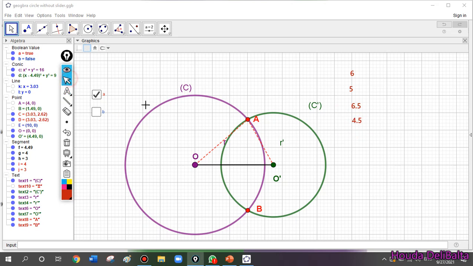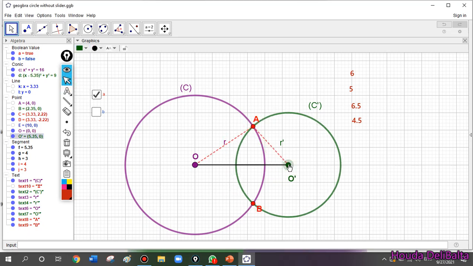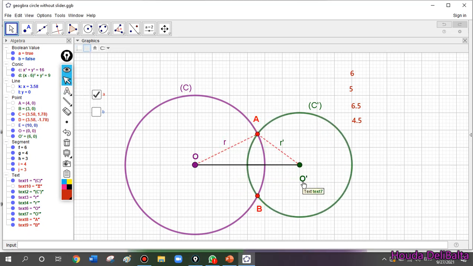Now we are not getting an exact distance, but we can notice that every time, the distance between the centers is bounded between 7 and 1.